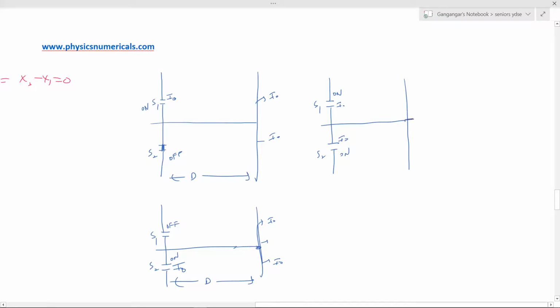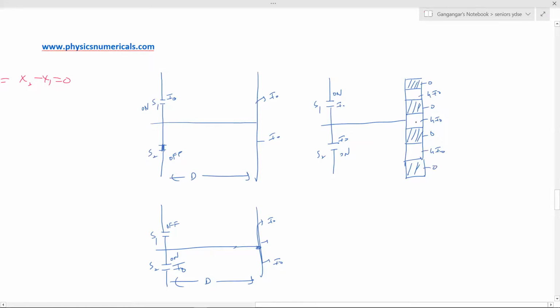No. Here it will be 4 I naught, 0, 4 I naught, 0, 4 I naught, 0.